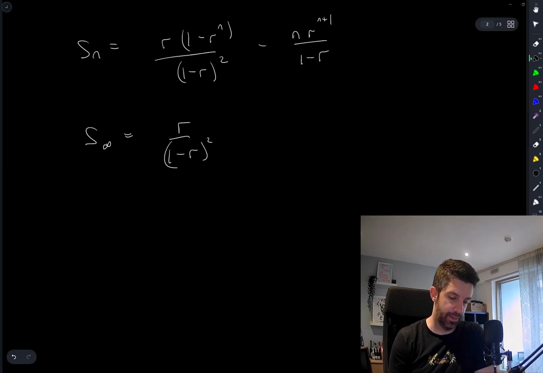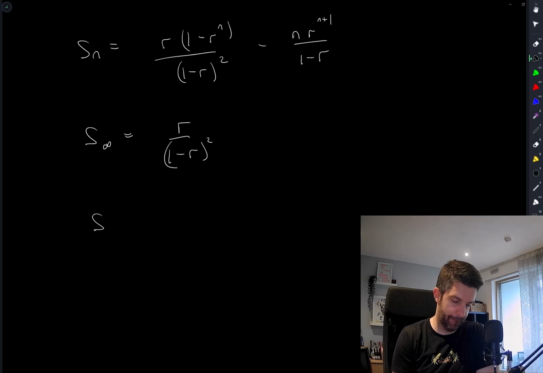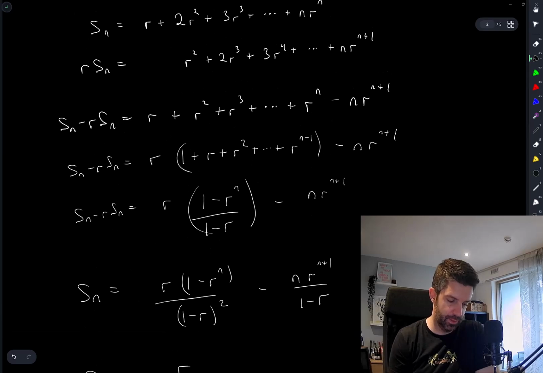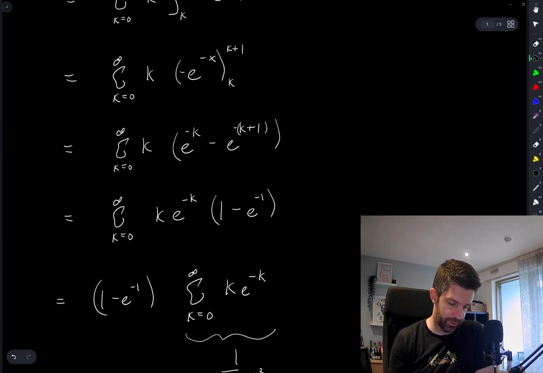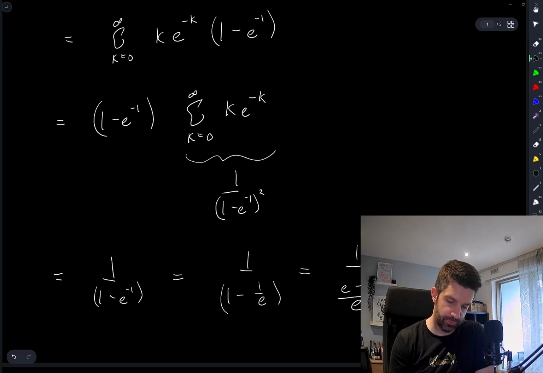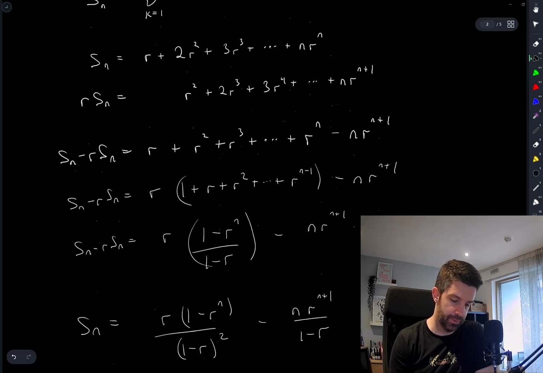Okay, and in our case, S infinity is e inverse divided by 1 minus e inverse squared. And if I go back to my original problem, so this is where things might be incorrect after here. So we're going to ignore that. So I need 1 minus e inverse times the sum.